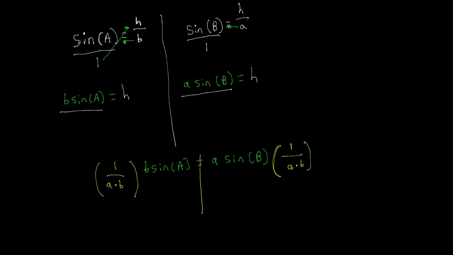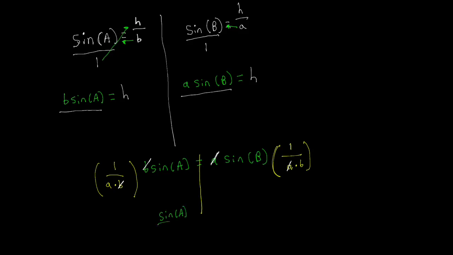What's going to end up happening here is that this b in the numerator is going to cancel out with this b in the denominator. And here on the right hand side, we can see that this little a is going to cancel out with this little a in the denominator. So we have sine of a multiplied times 1, which is just sine of a, and in the denominator the only thing left is little a.